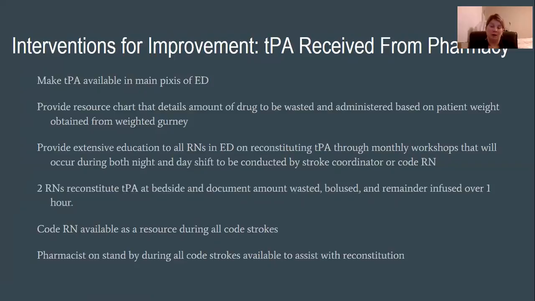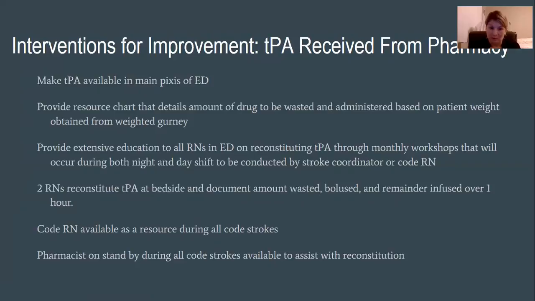There's a chart that 2 RNs are to refer to that, based on the patient's weight, tells the nurses how much is supposed to be wasted from the reconstituted TPA, how much should be bolused within that first minute, and then the remaining of how much should be given within 1 hour. And that's determined by 2 nurses at the bedside who do it together. They discard together, they program the pump together, and they start it together. And then that's all documented in the EMR.